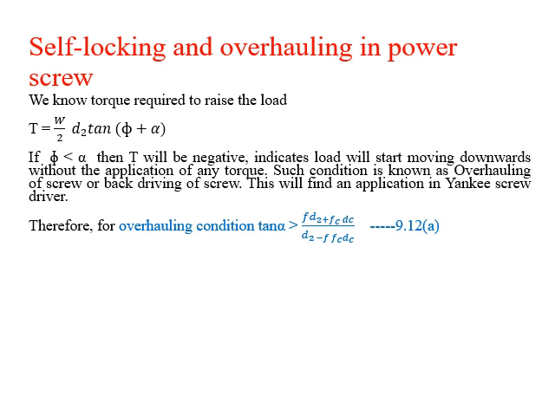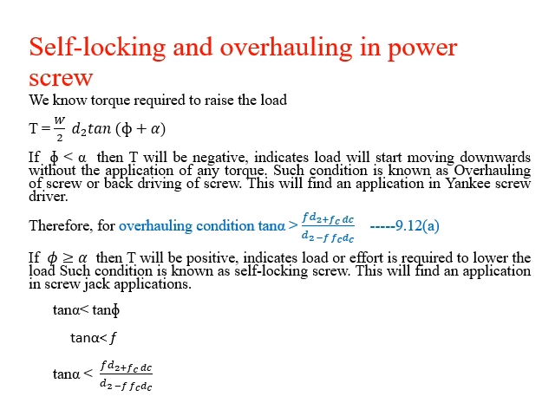Such a condition is known as overhauling of the screw, or back driving of the screw, even without application of any force or torque. This finds an application in the Yankee screwdriver. Therefore we can rewrite this equation for the overhauling condition, where tan α is greater than (f d2 + fc dc) divided by (d2 − f fc dc), in case you are considering the collar friction.